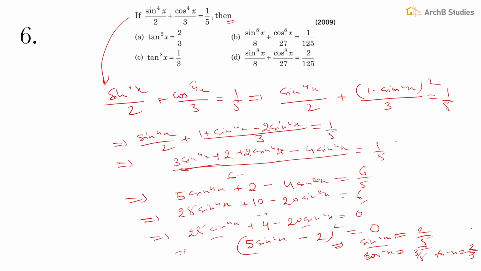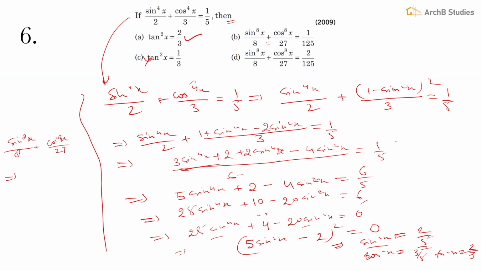So tan^2 x is 2 by 3, this is right, this is wrong, this we need to check. Okay, let's check here. Sin^8 x upon 8 plus cos^8 x upon 27.